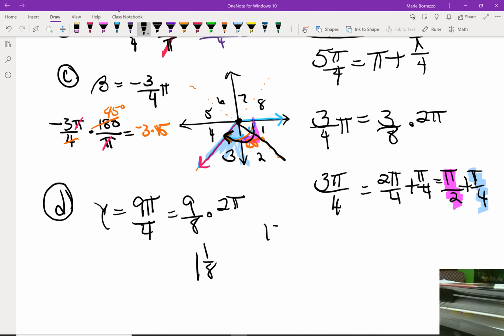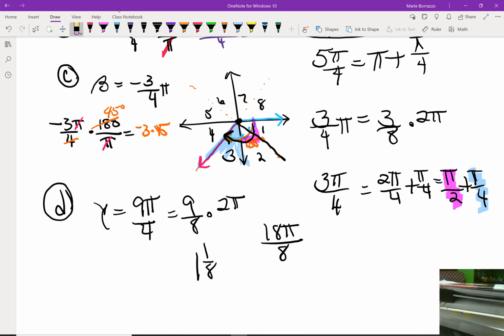This gives you 18 pi over 8. If I were to simplify this, divide by 2, I would get 9 over 4 pi again. I could also think of this mathematically with division and just simply say, well, 8 goes into 18 twice.